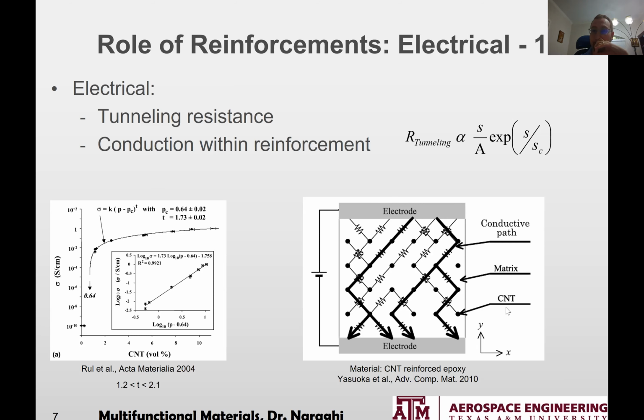That would be the conductive path through the carbon nanotube network, which explains this curve. Here, tunneling is proportional to the distance. This is resistance, not resistivity. Resistivity is just this part of it. Resistance is when we add the area of the contact and the distance between carbon nanotubes. The point is the fact that we get this here. That's the most critical concept of this slide.